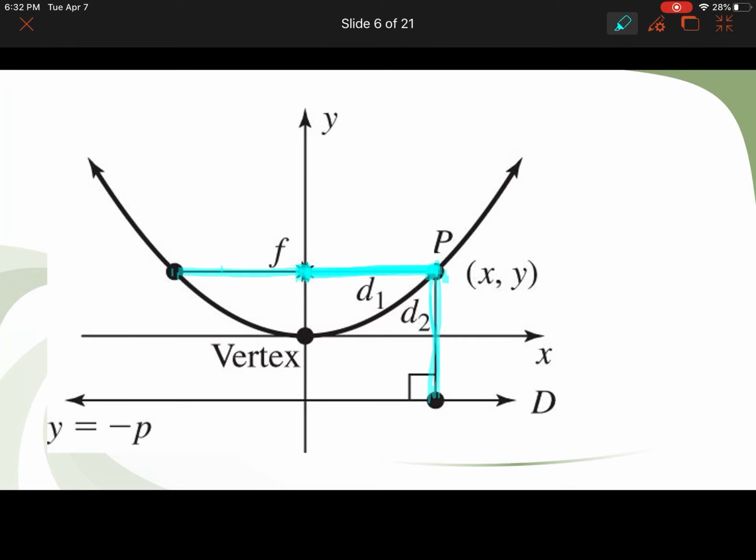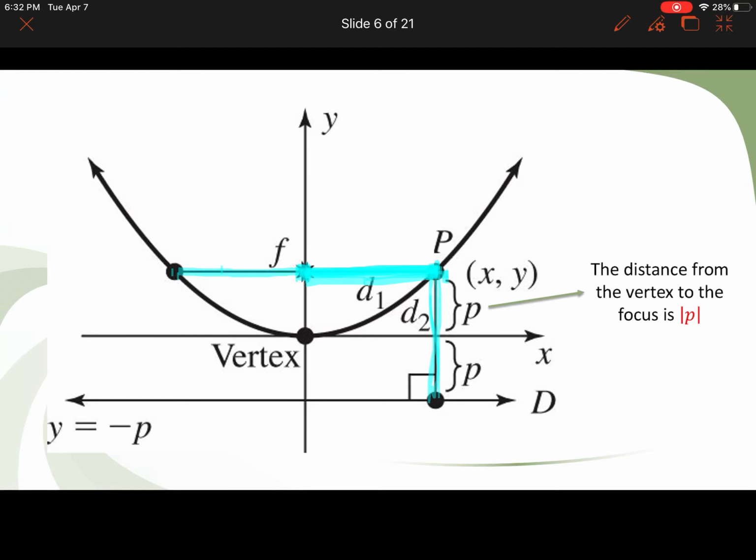Well, since this is a horizontal line, it's the same height as the focus. So this right here is a p. But this down, that's the same as the distance from the vertex to the focus. But this down here is also a p, because remember the distance from the vertex to the directrix is also p.